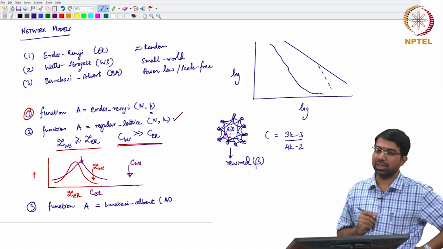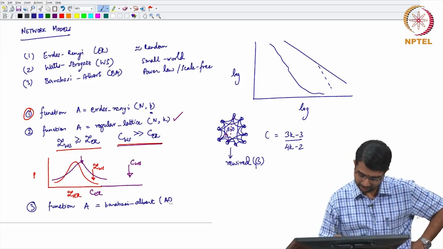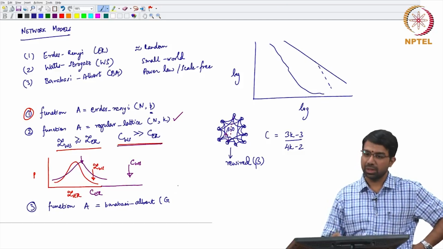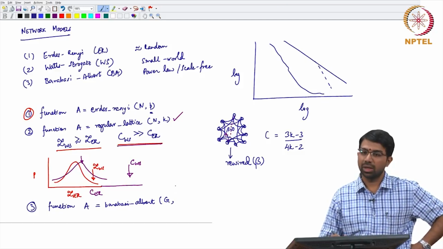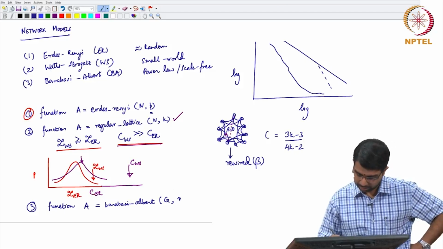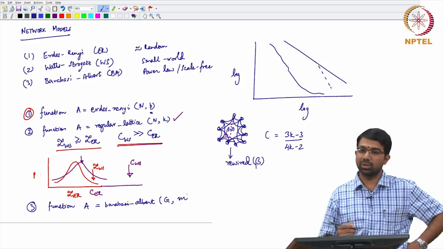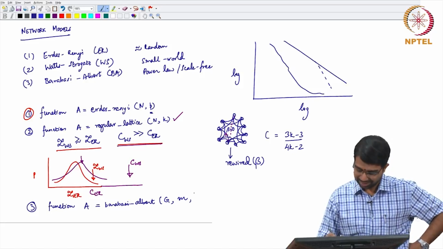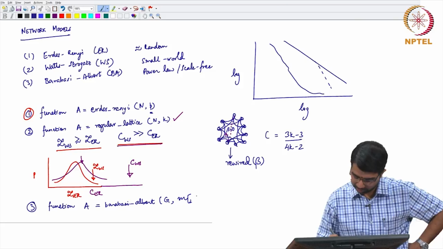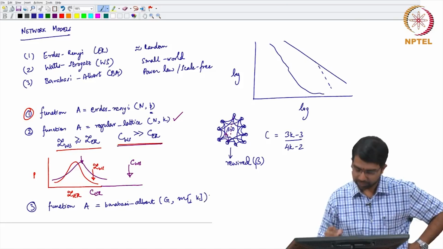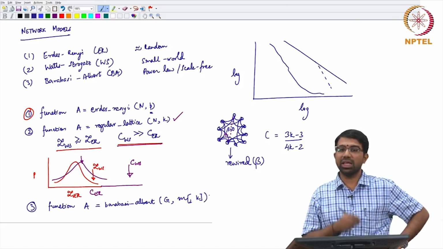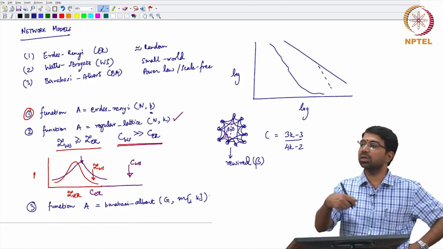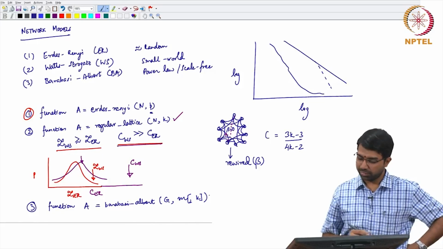So, I would start with an A naught, or let us maybe call it G, an initial graph G. Then the number of incoming nodes, and also, very good, the number of edges that you add in every round, every iteration. It can be optional. For every incoming node, how many edges does it make with the existing graph?